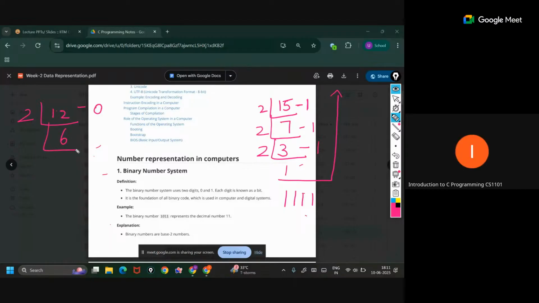So again divided by 2, the quotient is 3, remainder is 0. And again divided by 2, quotient is 1 and remainder is 1. Then the last remainder is 1. So if I write it from the bottom to top approach, it will be 1 1 0 0 to the base of 2.